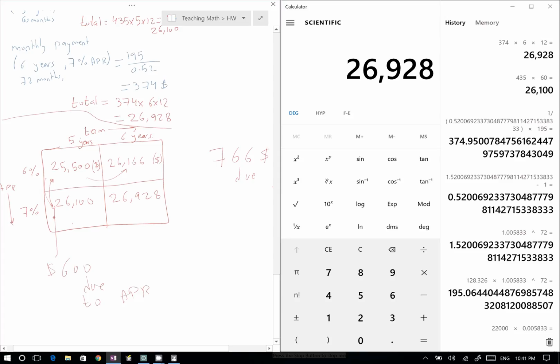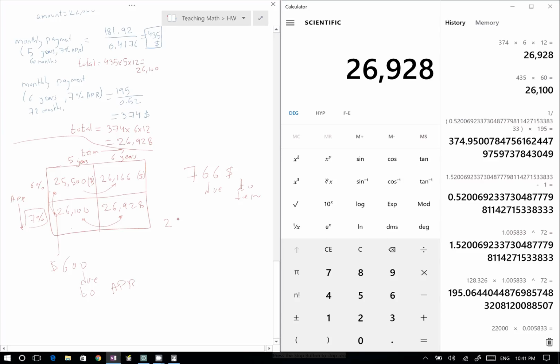You can look at also the 7% APR. So from here to here, I'm comparing. I'm subtracting them, guys. 26,928 minus 26,100.